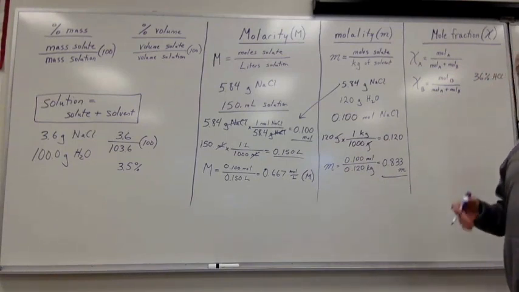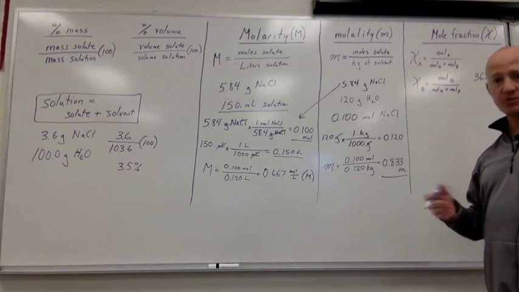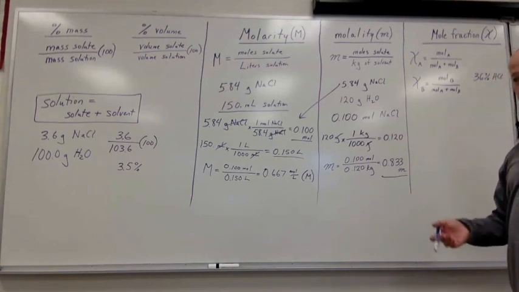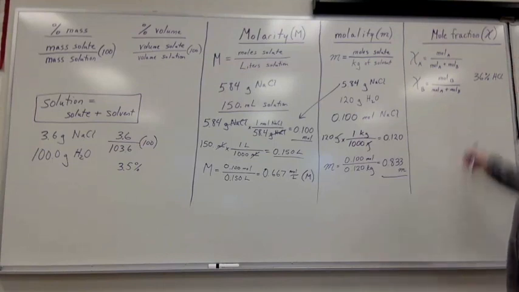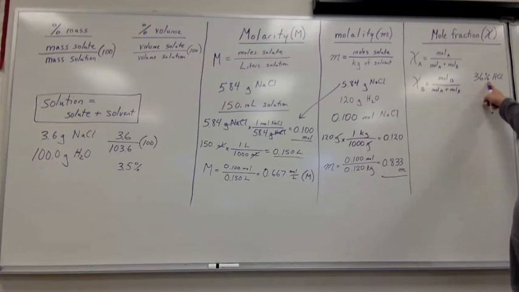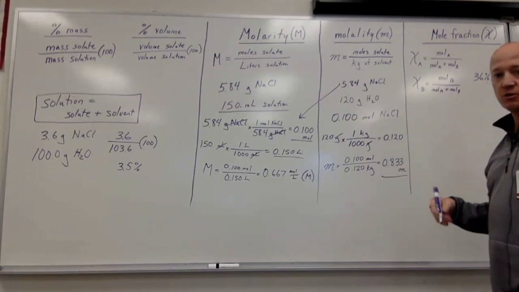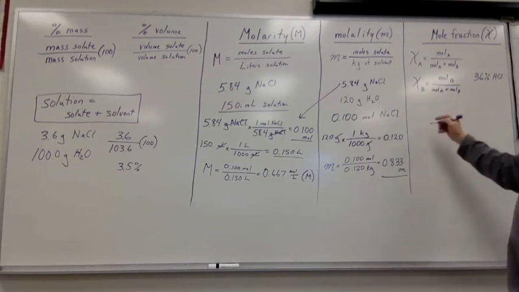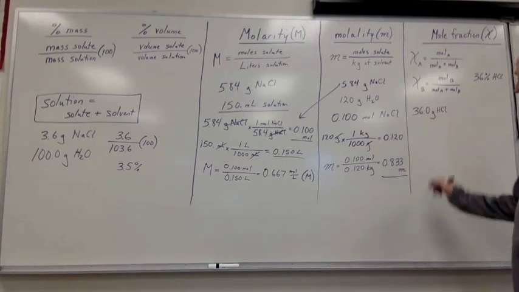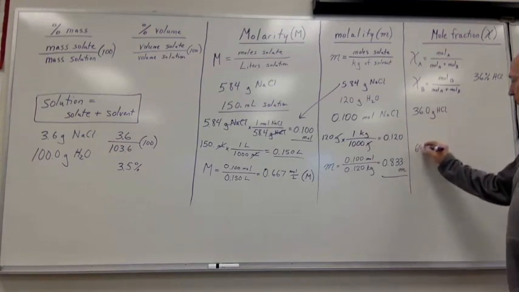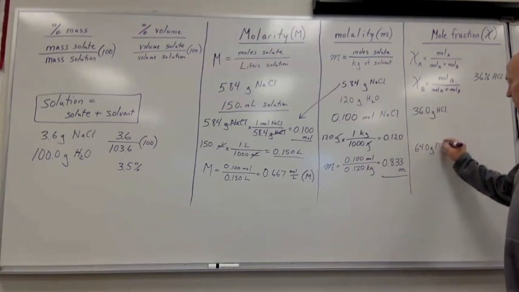Remember way back when we did percent composition and solving for empirical formula? What did we do when we encountered a percent? We just changed it to grams. So if we have a solution of hydrochloric acid that's 36%, that means that in 100 grams of it, 36 grams would be hydrogen chloride, and the other 64 grams would be water.